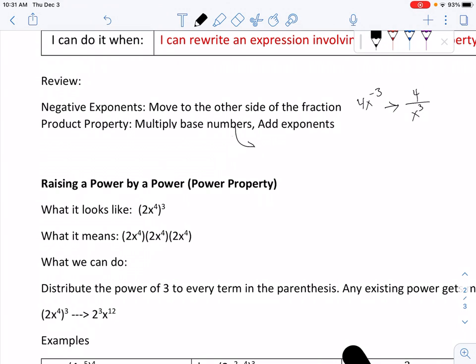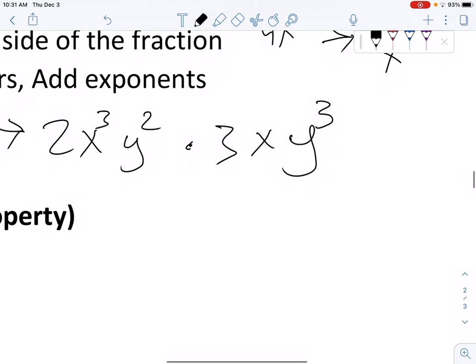For the product property, that would be when we had, let's say, 2x to the third y to the second times 3x y to the third. This was the one where we multiplied our bases, so we do 2 times 3 to get 6.